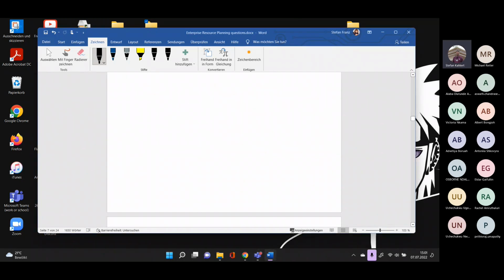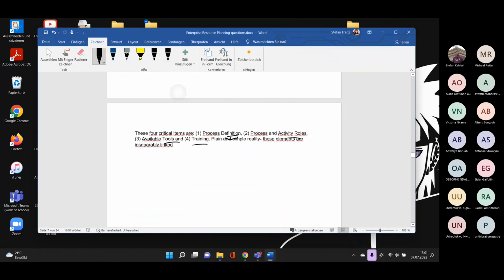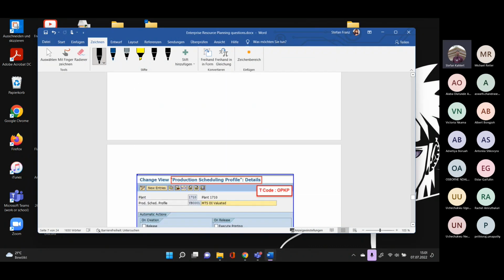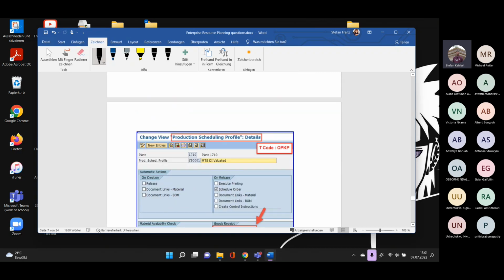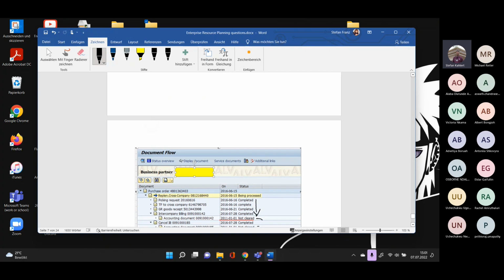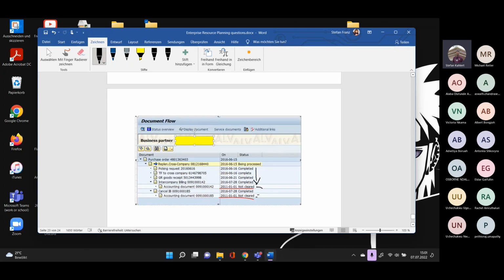And if you're at the final stage, like here, you don't need to know how you open that because you will never be working on such a system. But the only thing you should know is you can see the document flow, where you are in the process, what's happened in the meantime. It's picked up, it went cross-country. Goods received is when the client has received something and has confirmed the delivery.